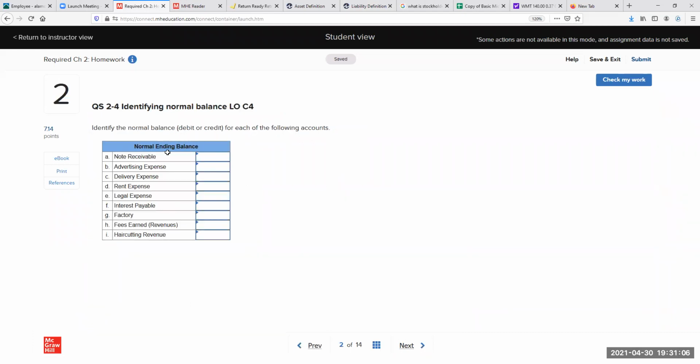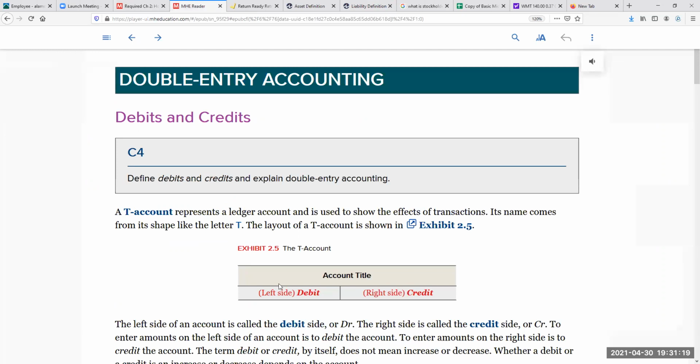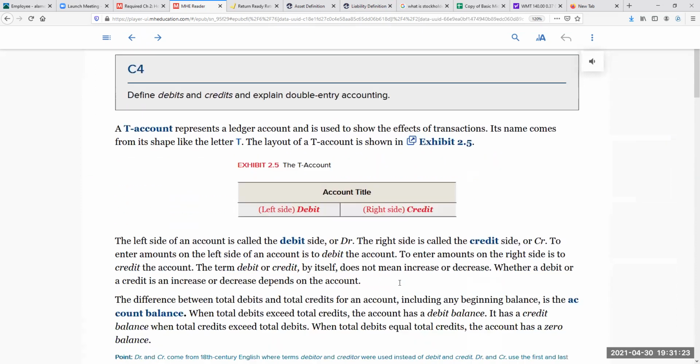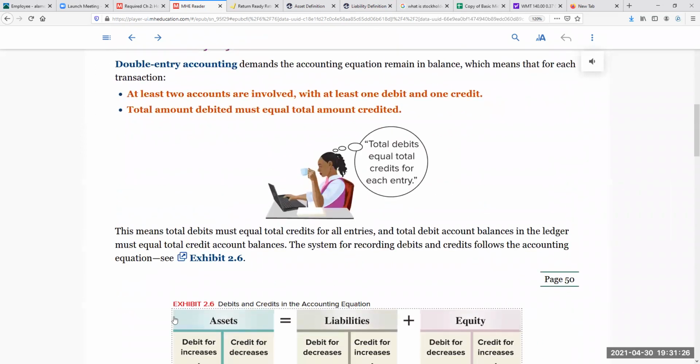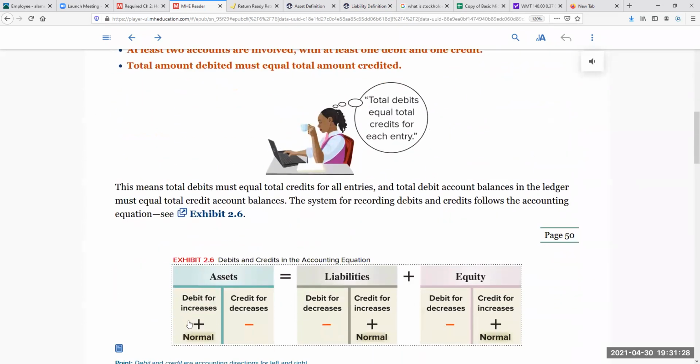Identify the normal balance, debit or credit. Now, if that's new to you and you don't know what a normal balance is, the normal balance is whatever side increases the account. So let's take a look at this. This is the left side, or the debit, and this is the right side. Assets are increased on the left, so that would be the normal balance.